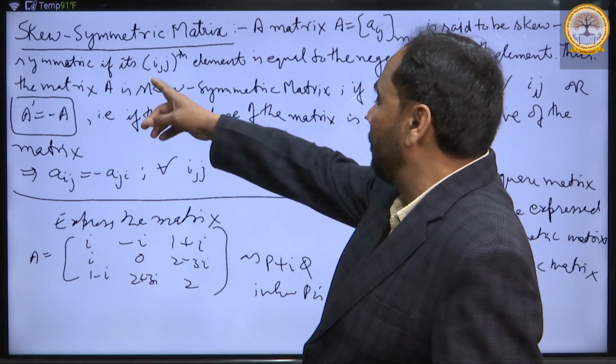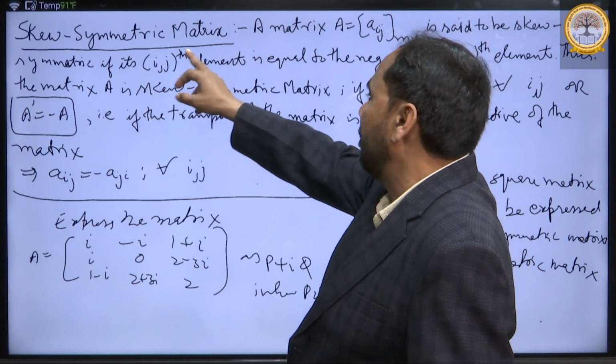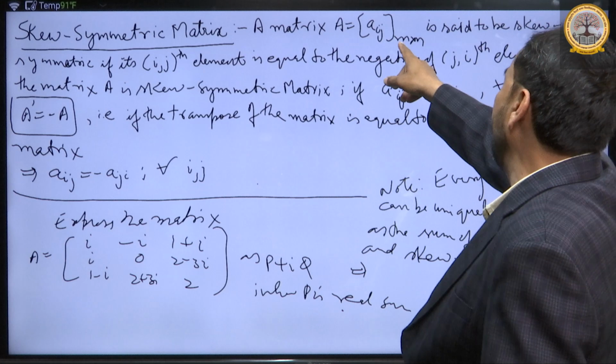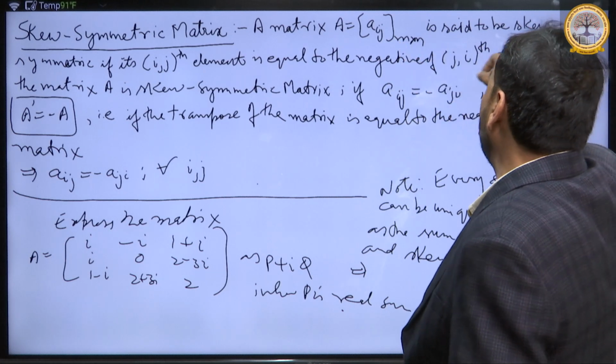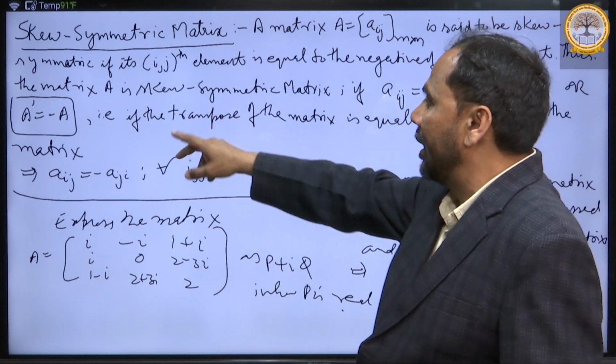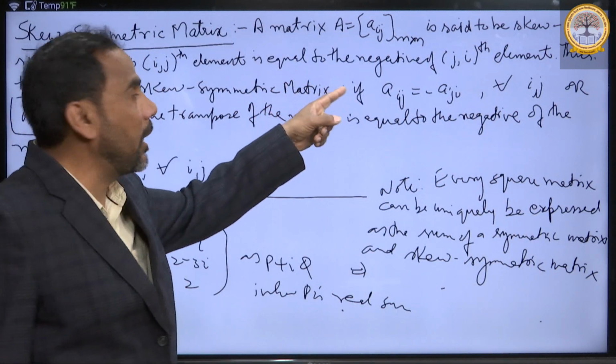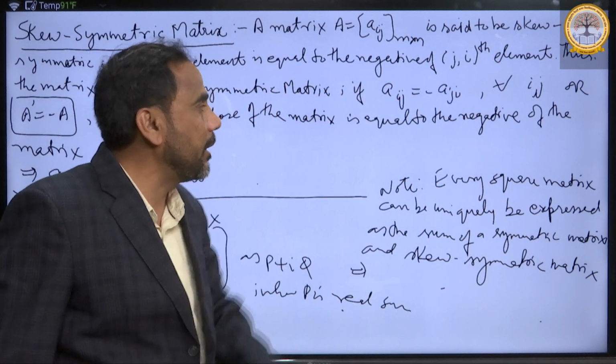So the definition is that a matrix A equal to Aij, m cross n, is said to be skew symmetric matrix if its ijth element is equal to the negative of jith element.